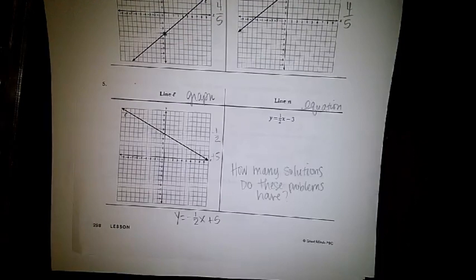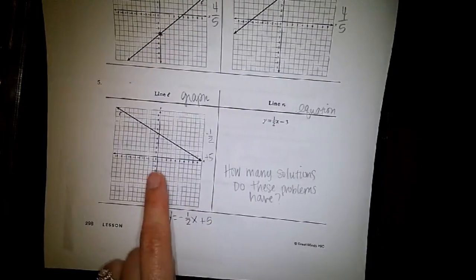Okay, so a solution to a problem would explain, remember whenever we were doing the equations and we were trying to figure out if the solutions were one, none, or all? So, one solution, all solutions, no solutions. So, how many solutions do you think that these two lines have in relationship to each other?